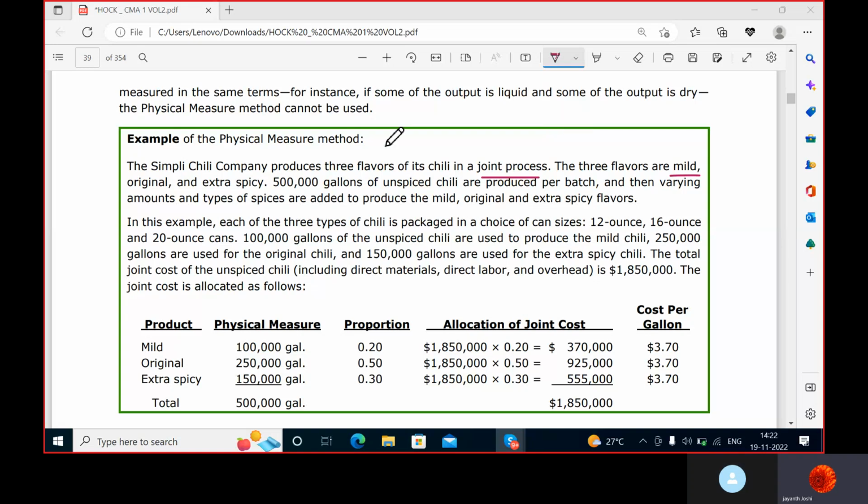So the point here is, the data is almost the same data that we were seeing. In this example, each of the three types of chili is packaged in can sizes of 12 ounce, 16 ounce, and 20 ounce cans.